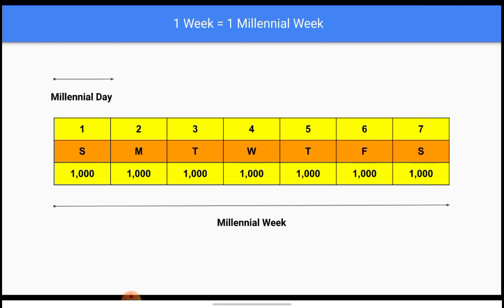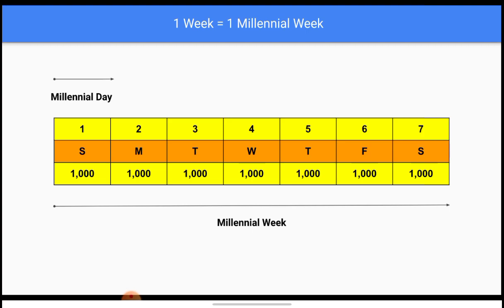And then at the very bottom, we have the number 1,000 for each. Okay, that's because a millennial day is equal to 1,000 years. Okay, and then you add those up or multiply that by 7 days, and you have 7,000 years.